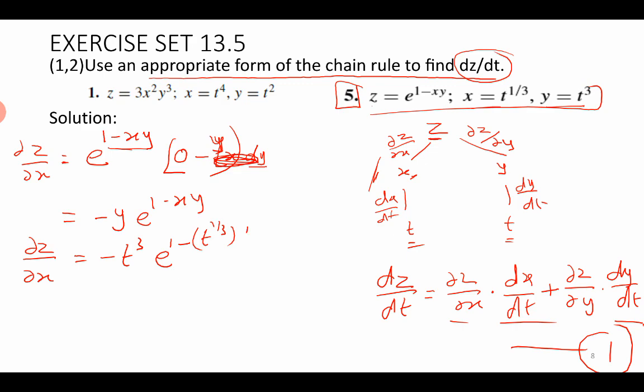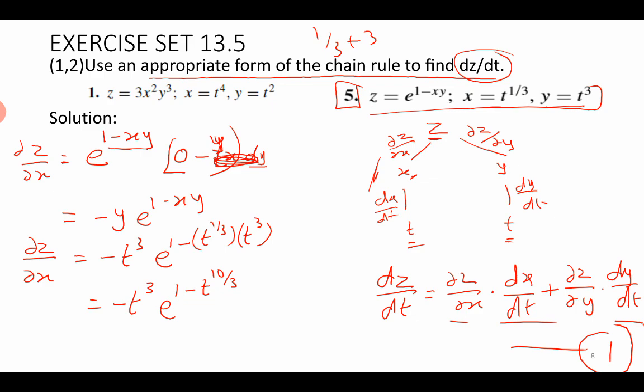Simplify this one. You get negative t cube e raised to 1 minus t to the power 1 by 3 plus 1 by 3 plus 3. What is 3 into 3? 9 plus 1 is 10. T raised to 10 over 3.